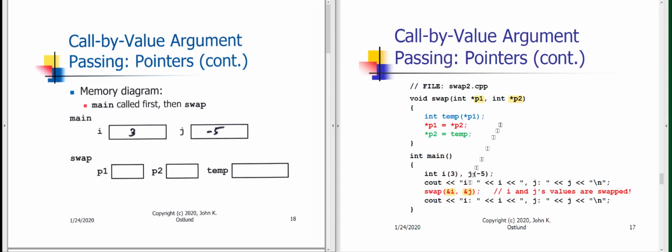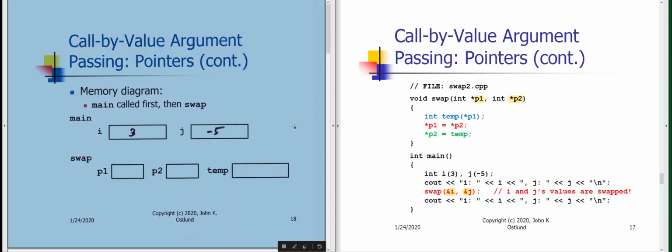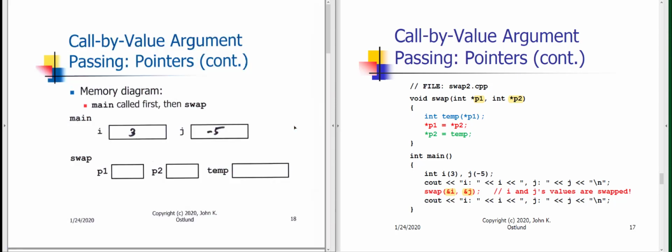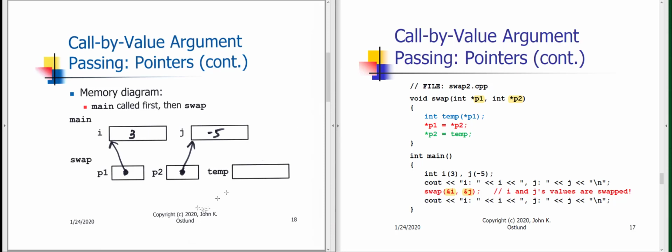The address of j gets passed down and becomes the initial value of p2 in swap. So here's what we have now. Of course, p1 and p2 actually contain bit patterns representing the addresses of main's local variables i and j, but it's easier to understand if we just draw arrows from p1 to i and p2 to j.